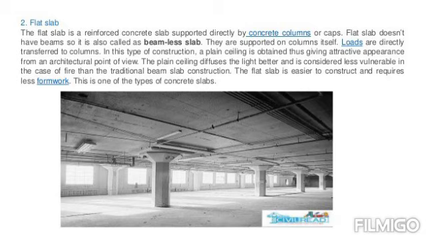The flat ceiling diffuses the light better and is considered less vulnerable in the case of fire than the traditional beam slab construction. The flat slab is easier to construct and requires less formwork. This is one of the types of concrete slabs. So here we can see the picture of a flat slab.